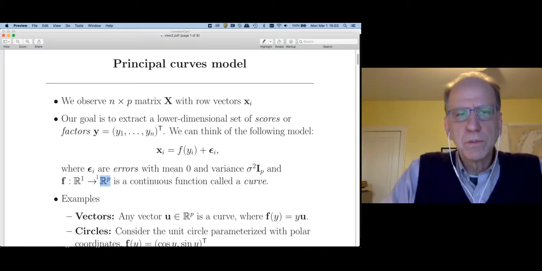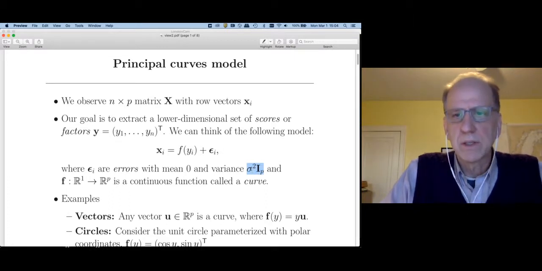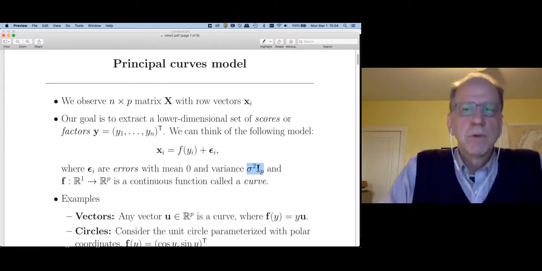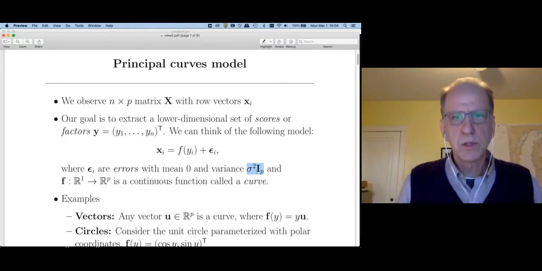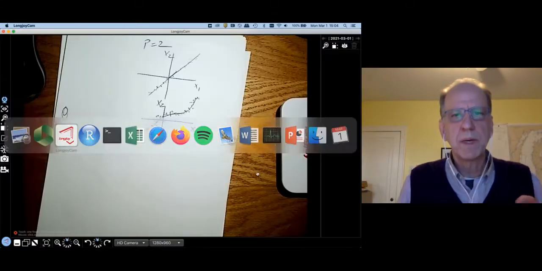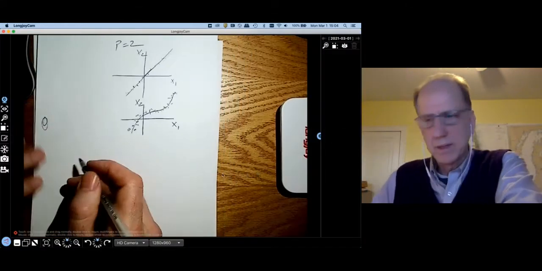I'm also going to assume that I've got some errors that have mean 0 and constant variance in both directions. So sigma squared is going to be the variance in the x1 direction, the x2 direction, all the way through the xp direction. Let's sketch out a picture to show exactly what I mean by this.